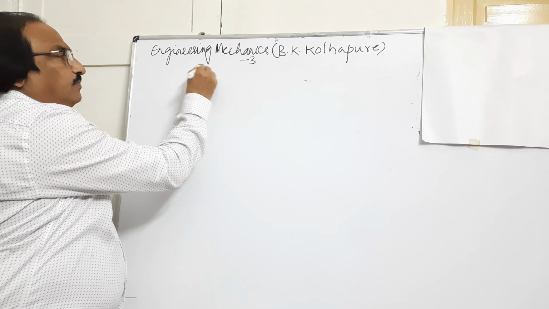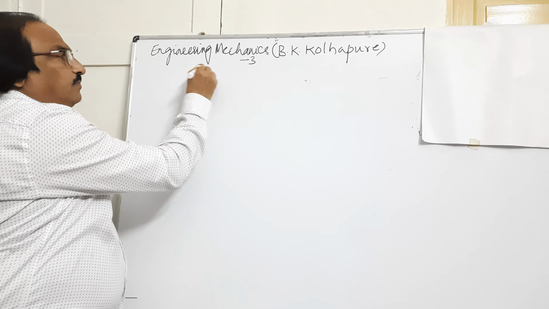So here we come across a definition known as resultant force. If a number of forces are simultaneously acting at a point, then all the forces can be replaced by a single force known as the resultant force.